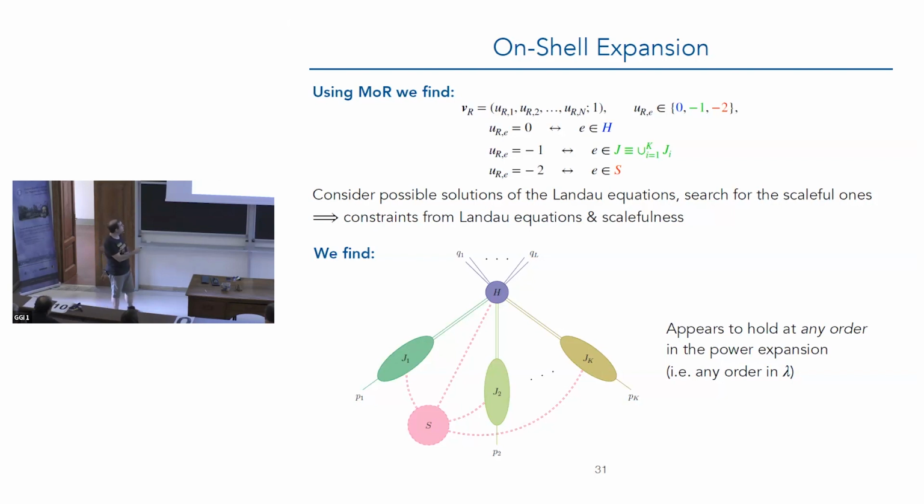So then you try to consider all the possible solutions of the Landau equation, and you search for ones that are scaleful. And so you get a bunch of constraints from the Landau equations and scalefulness, as well as this information. And you see that whatever graph that you're looking at, it needs to be possible to partition the graph in this way for it to be a valid region.